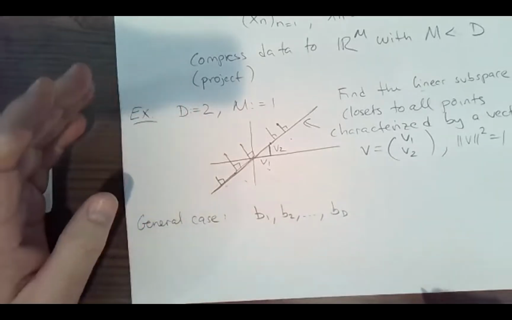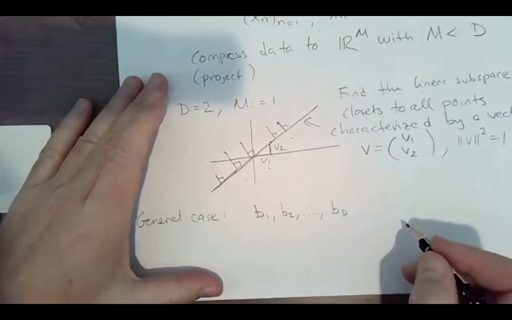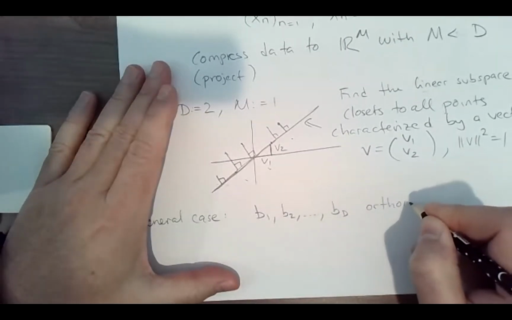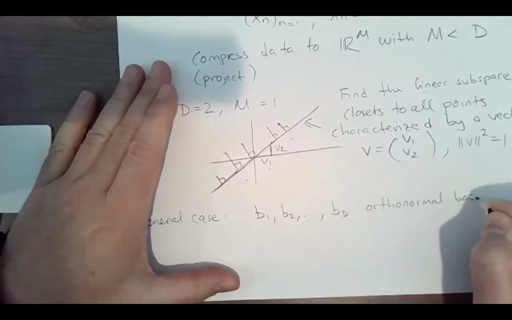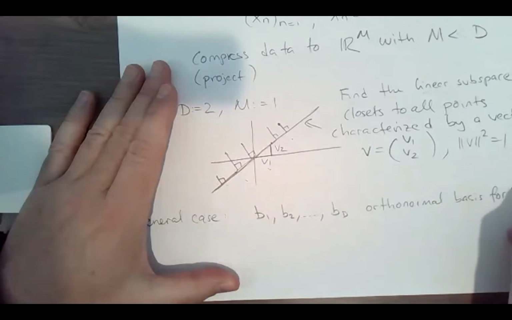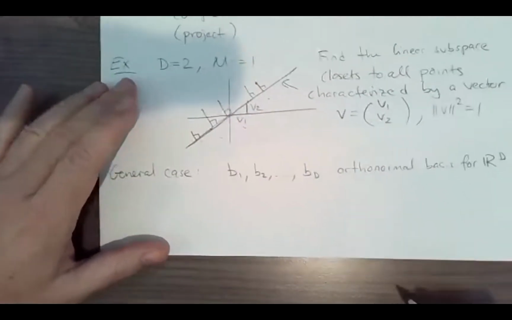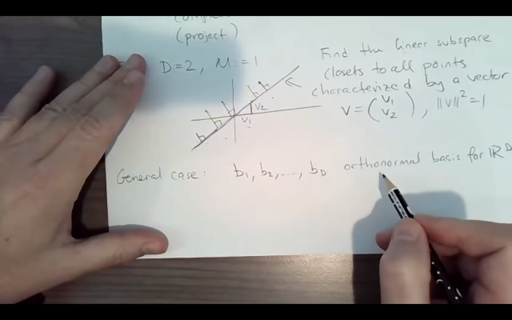And these are an orthonormal basis for RD. Because it's an orthonormal basis, you have length 1 and you're all orthogonal.